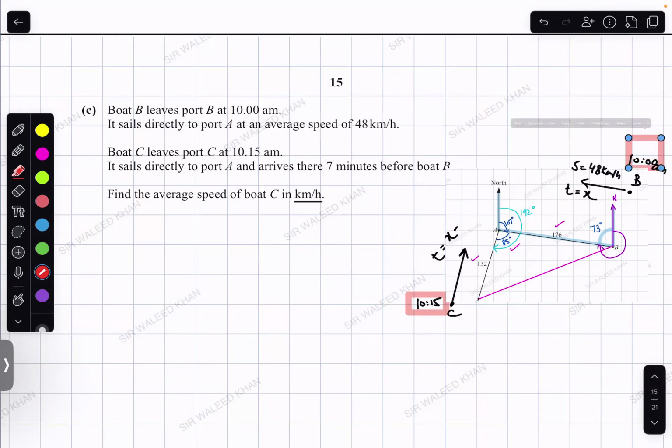So what is the time difference? It's 15 and 7. So the total time difference is 15 minutes because of this and this, plus 7 because it's arriving early. So in total, it's 22 minutes.